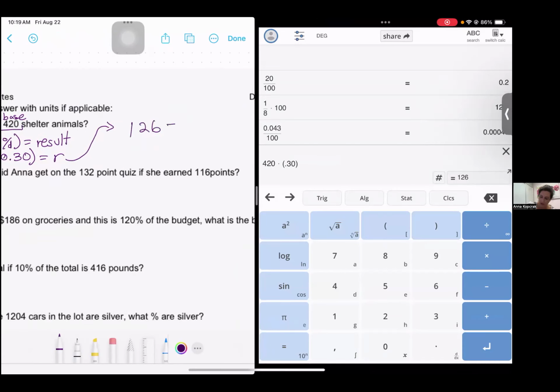Now my X's are on two different sides, so I need to subtract or add over to get them on the same side. Minus X, minus X. Well, if you have 0.80x minus 1x, you actually get a negative 0.2 x's, which feels a little weird. That's okay because that's going to equal negative $4.50.